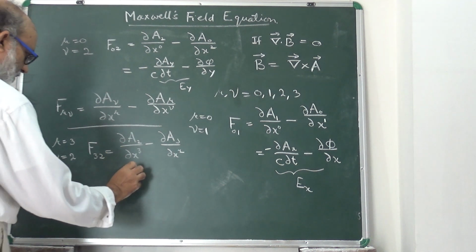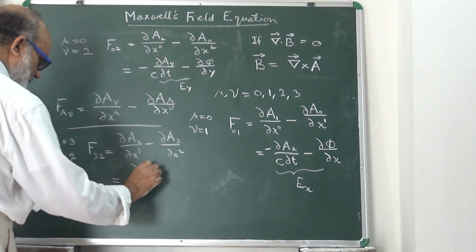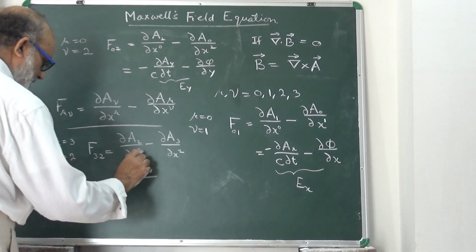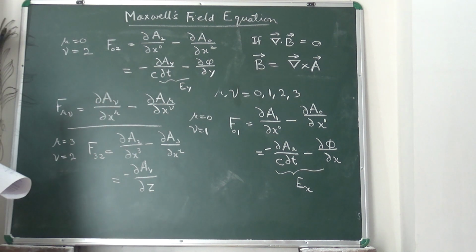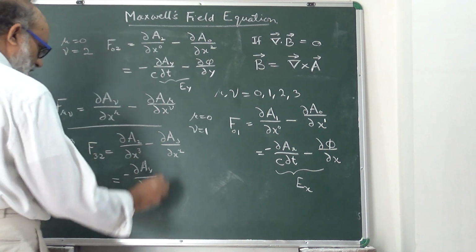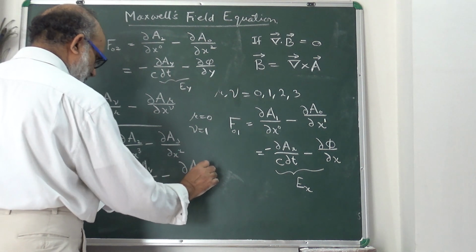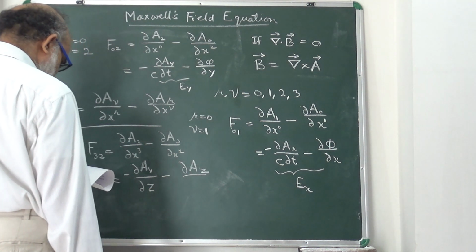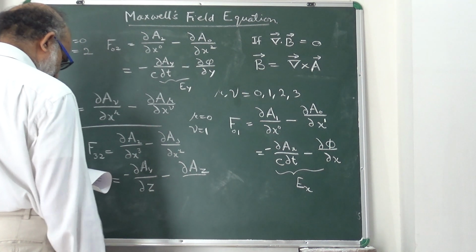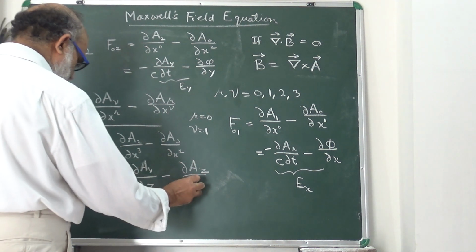Delta A2 means delta AY, and delta x3 means the Z component, minus delta AZ by delta y.